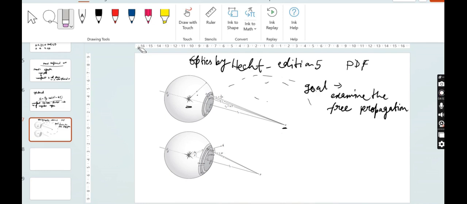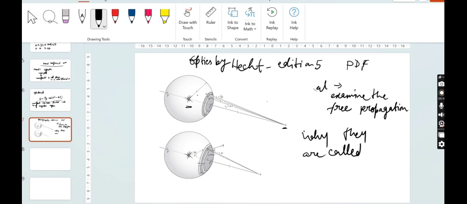You can imagine this sphere is far more vast, having a radius r0, then r0 plus lambda by 2, then another lambda by 2. The basic difference is lambda by 2, and that's why they are called half-period zones, because the full period is lambda. Then there can be a question: why are they called half-period zones?